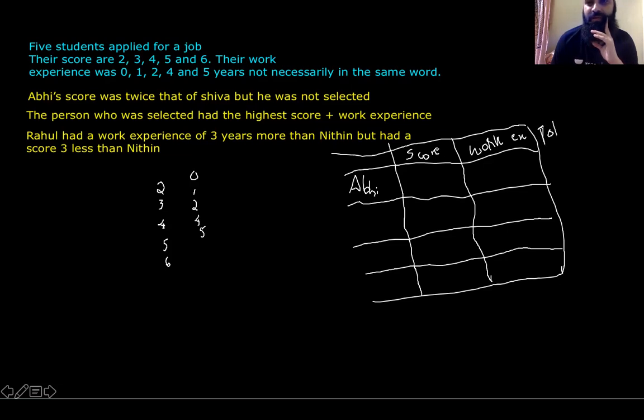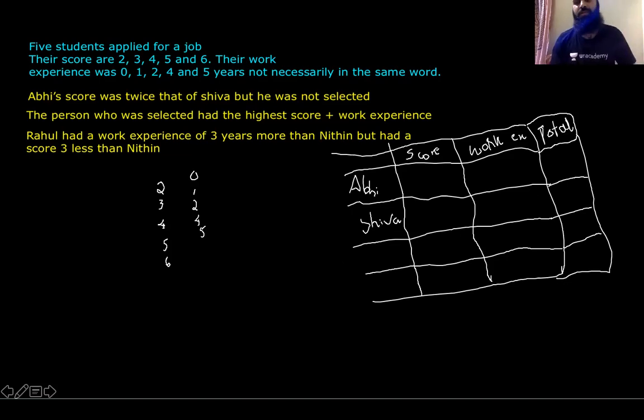Then there is total. Abhi's score is twice that of Shiva. So when I look at the score, the only possibility being, in terms of score, it is going to be either 2. Oh, okay, it is more than.